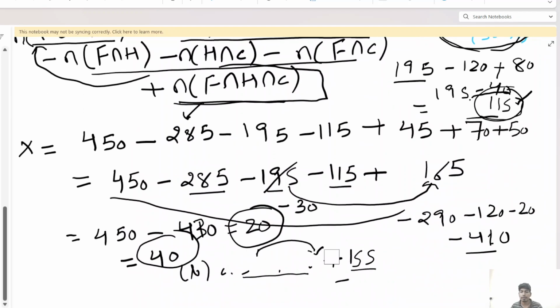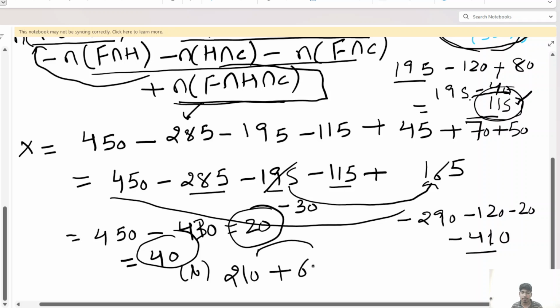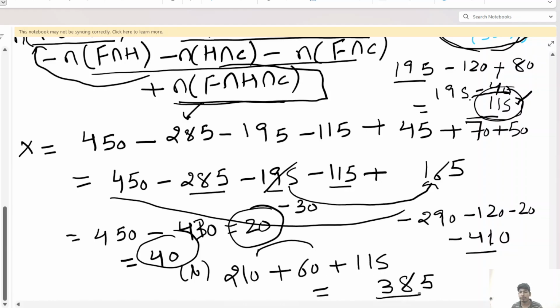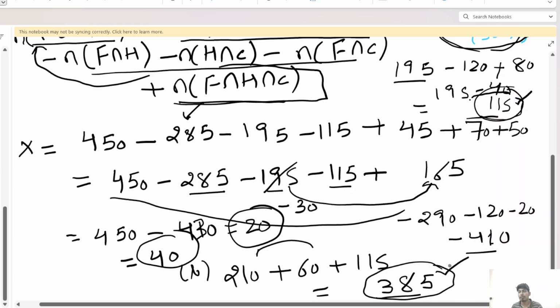Players who play only football, only cricket, and only hockey: these are 210 plus 60 plus 115. This is 385 people who watch only one game.